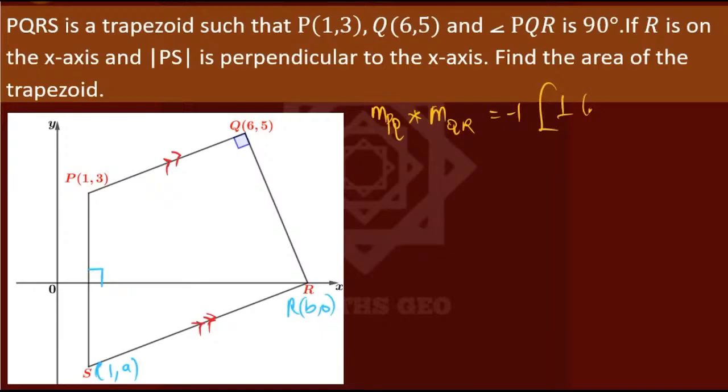Perpendicular lines, the product of their slopes will always be equal to negative 1. So what's the slope of PQ? We use change in y over change in x. So we'll have 5 minus 3 over 6 minus 1, and for QR, 5 minus 0 over 6 minus p.